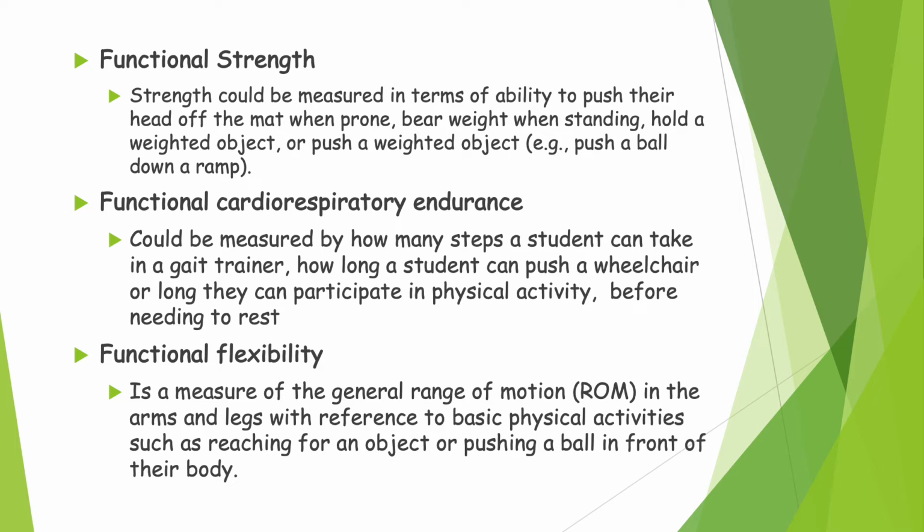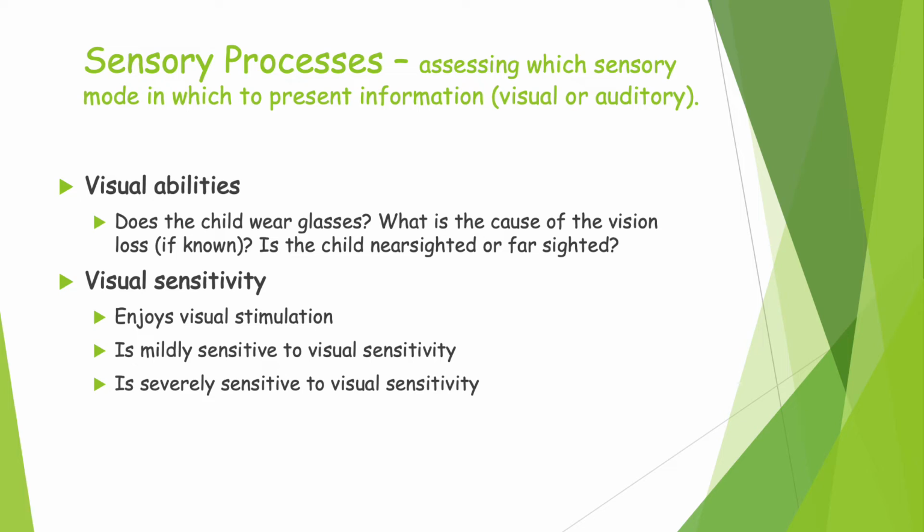Okay. So we've talked about positioning, balance, mobility, physical fitness. The last one we're going to look at is sensory processes. Assessing sensory processing is also important to learn the best sensory mode in which to present information, whether it's visual or auditory.